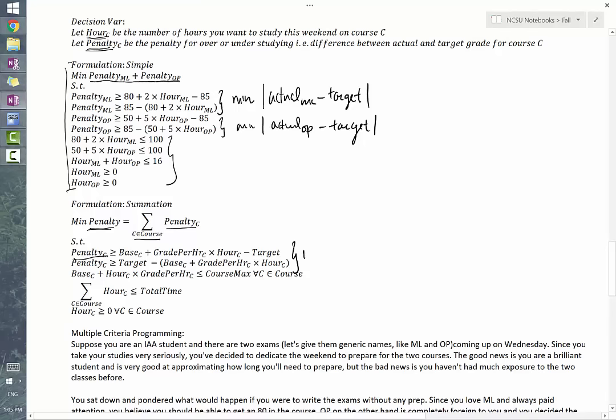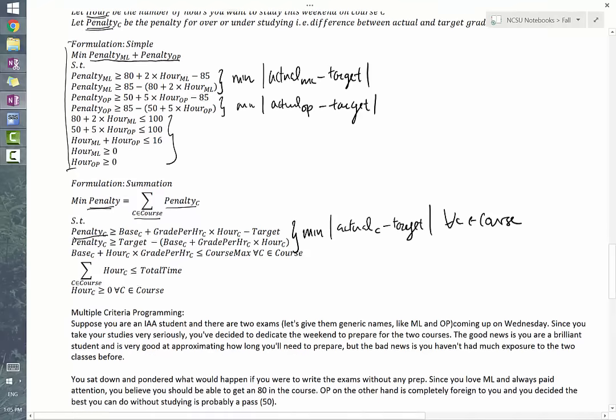This again is how we accomplish minimizing actual minus target for every course. This doesn't change from part 1, the linear optimization, and this doesn't really change either. That's everything about goal programming.